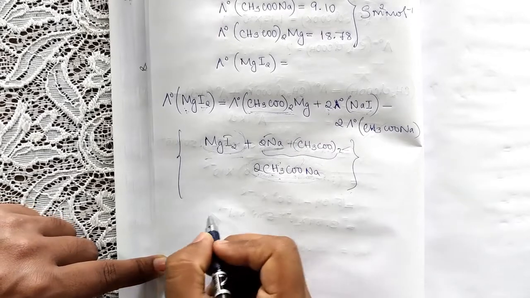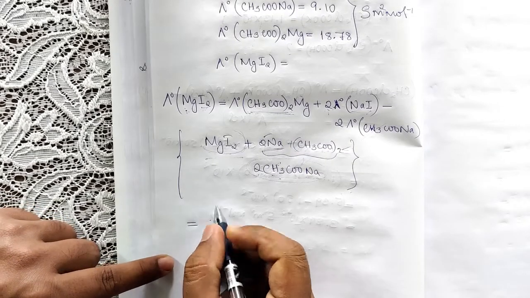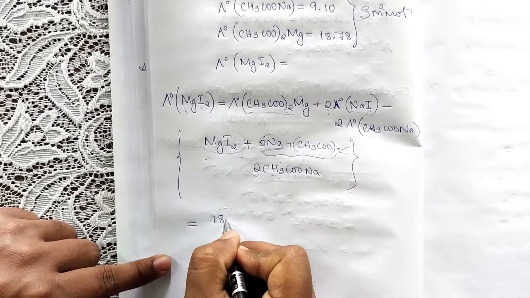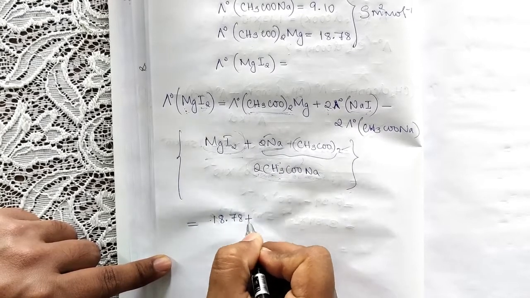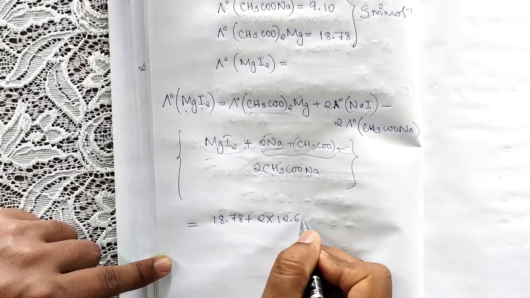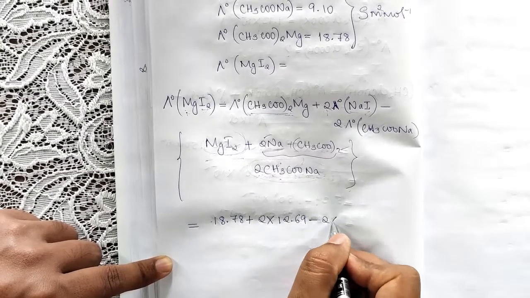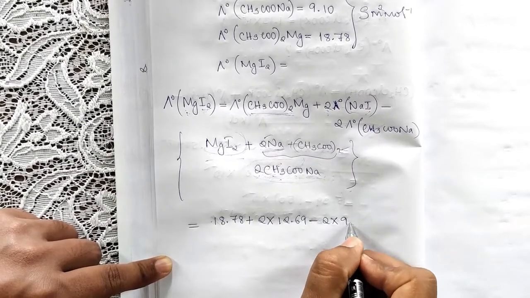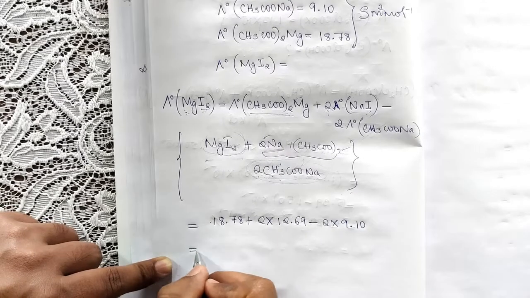So now I'll write down the values. 18.78 plus 2 multiplied by 12.69 minus 2 multiplied by 9.10.